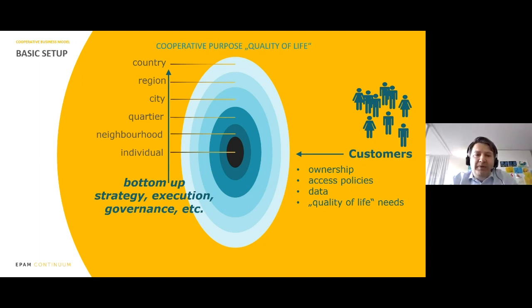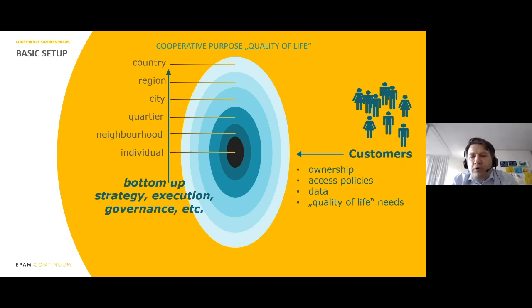And the whole execution, as well as the setup of this cooperative, would happen bottom up. So the individual becomes the most important object in that organization. Then you have your neighborhood, you have quartier, city, region, and then the country is the least important organization or object within this construction.